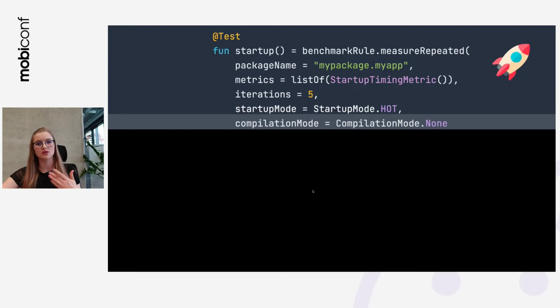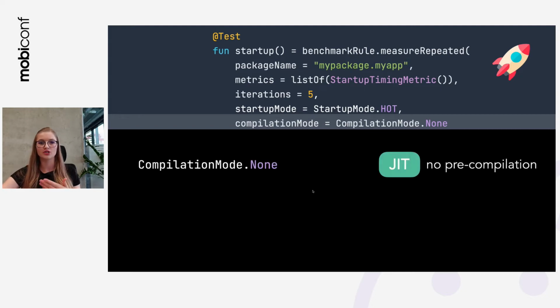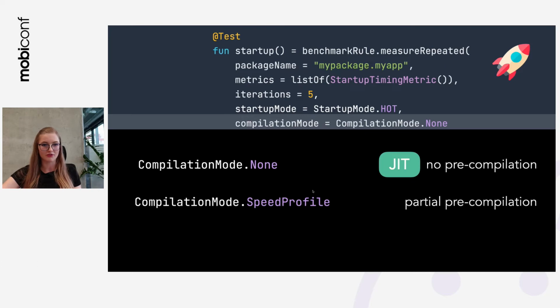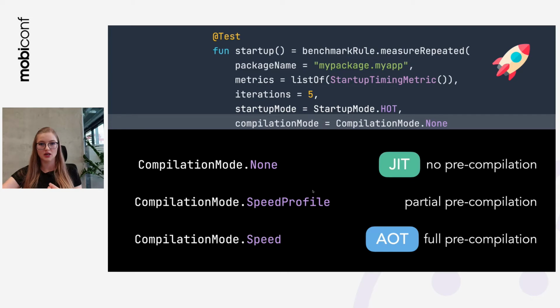So we can use compilation mode none, which translates to no precompilation, so just-in-time compilation. Another option is to use compilation mode speed profile, which translates to partial precompilation. And the last option that we can use is compilation mode speed, which means full ahead-of-time compilation, full precompilation.